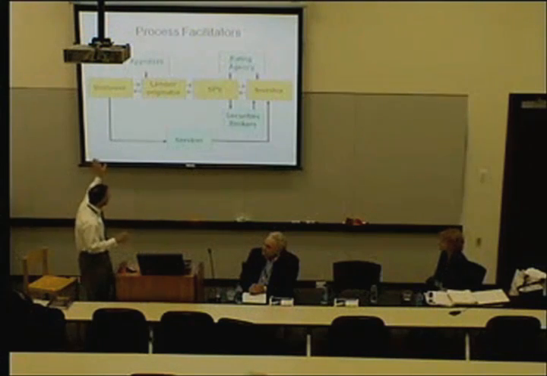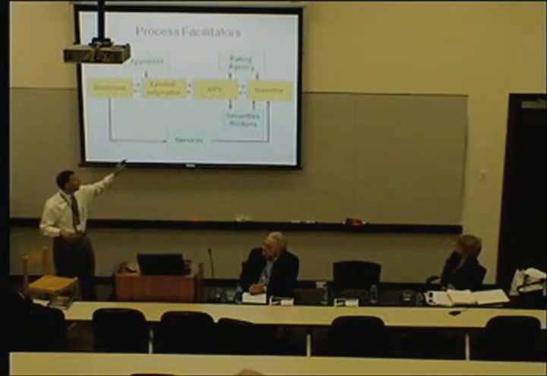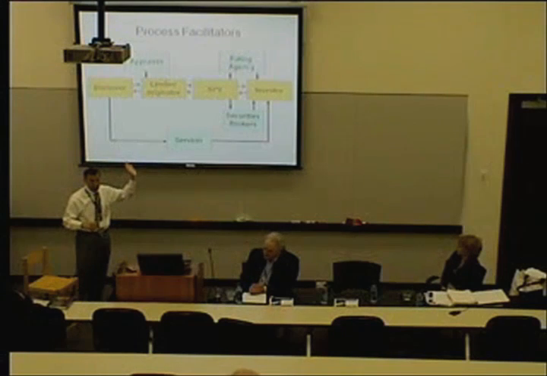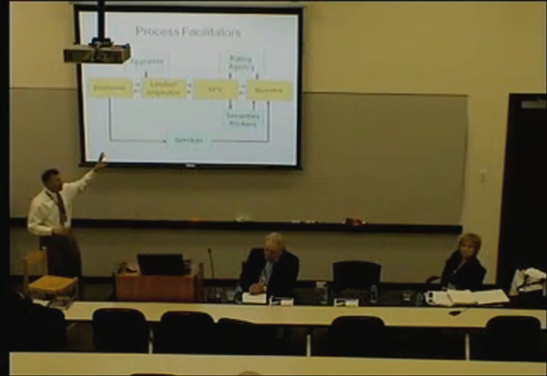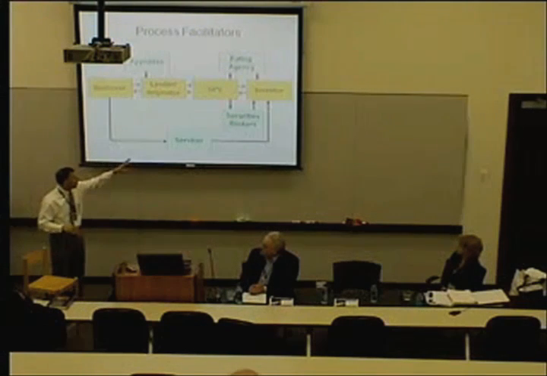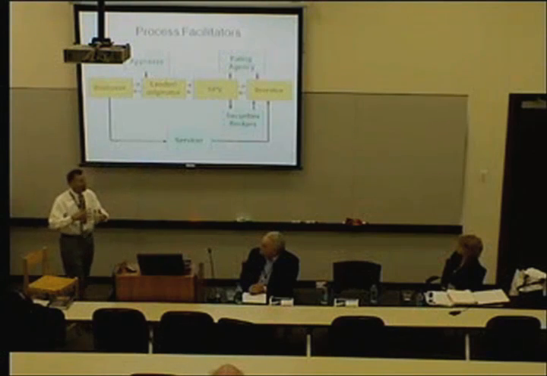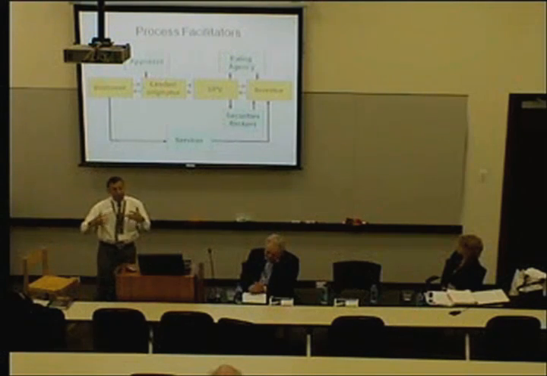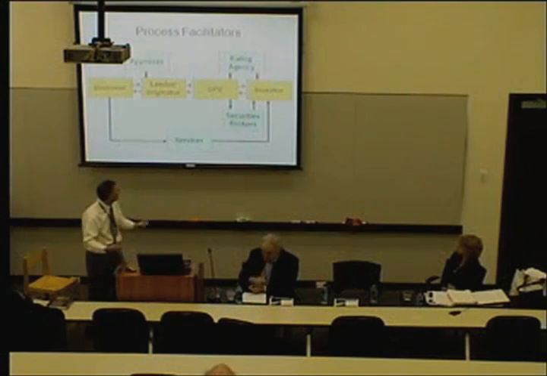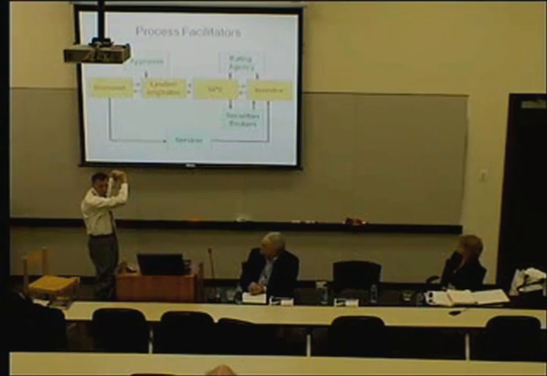Because in addition to our traditional players, many of whom they've already had some exposure to, we get our additional players, the rating agencies, the appraisers, the security brokers, the servicers, which layer on a very interesting kind of dynamic into this process, because they're actually not part of the core process. They're either service providers above and below.